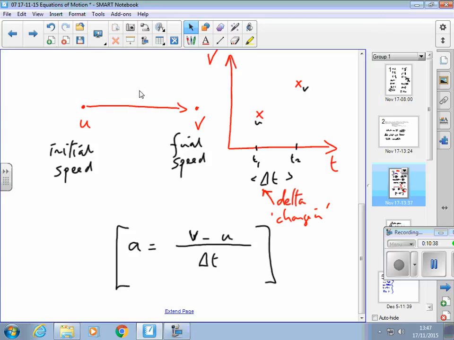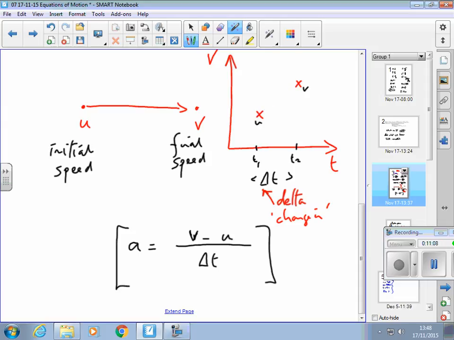Is it saying anything about what's happening between here and here? It's not. Okay. The speed could be changing like this, or it could be changing like this. So what acceleration have we found here?